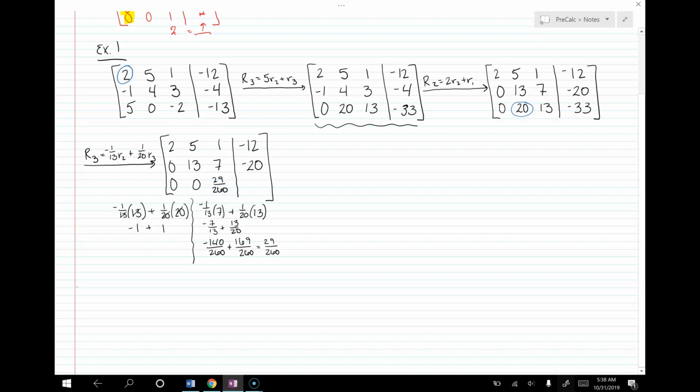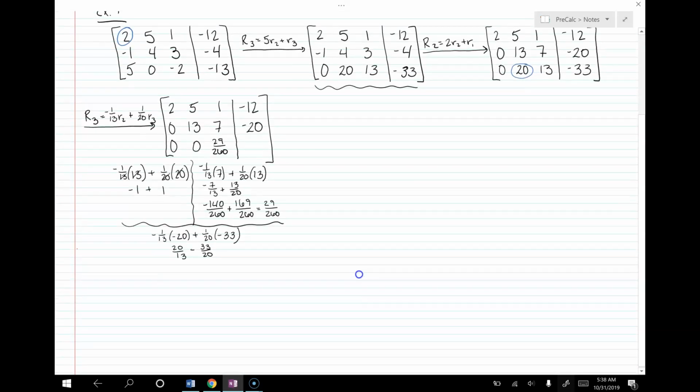The last one, I'm going to do it below these guys, is we're going to take negative 1/13 times negative 20, because we have to use the solutions too. Plus 1/20 times negative 33. So we get 20 over 13 minus 33 over 20.